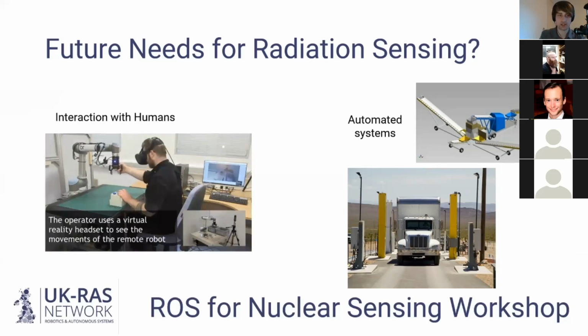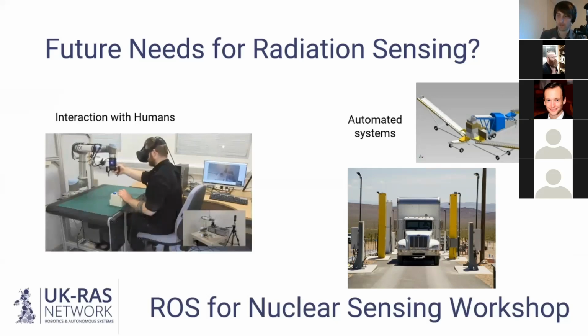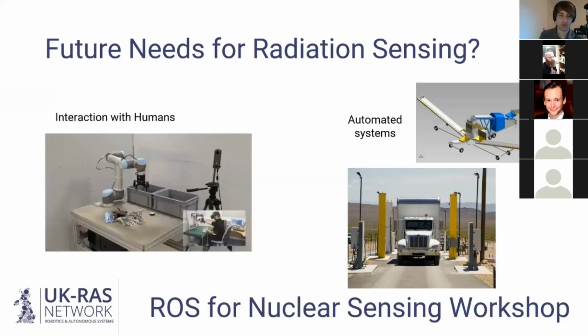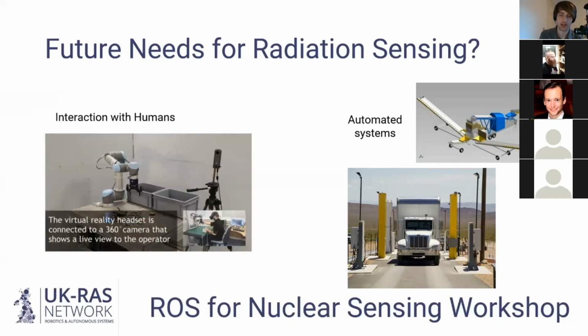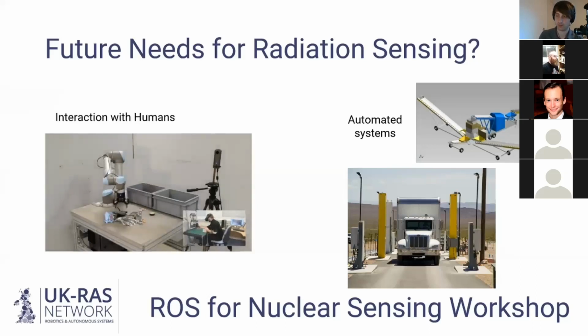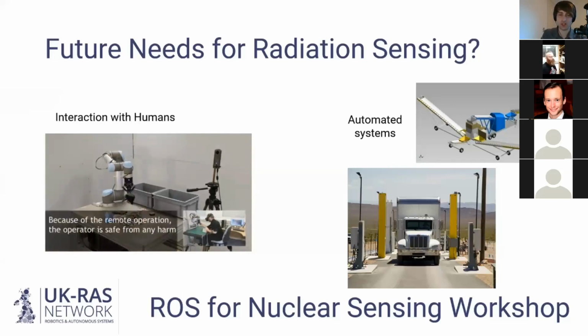And on this sorting and segmentation, the UK government only last month announced a £4 million competition to autonomously sort and segregate nuclear waste. So really, I'm talking about future needs of radiation sensing. This is not far future. This is very near future requirements. And you can think of automated systems not just as arms, you can think of them as these large integrated systems.